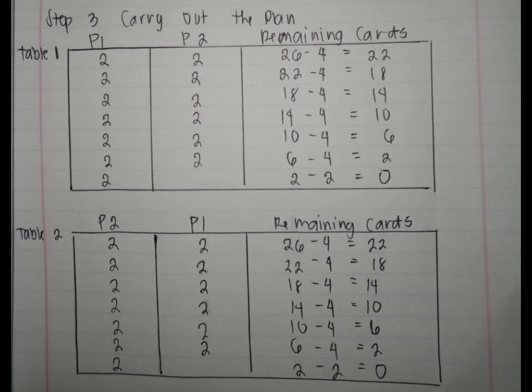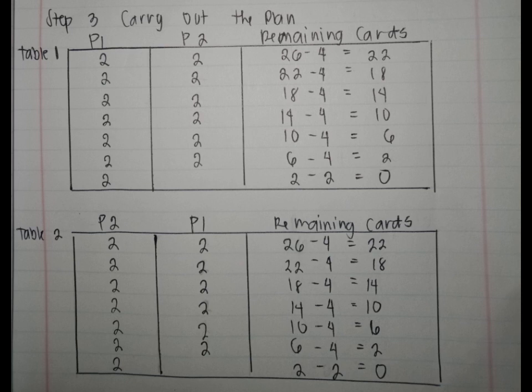So we have table 1 and table 2 again. In table 1, we have player 1, player 2, and the remaining cards. If player 1 gets 2 cards and also player 2, we only have 22 cards. And if player 1 and player 2 get 2 cards again, we only have 18 cards. In the next pick, we have 14 cards left.